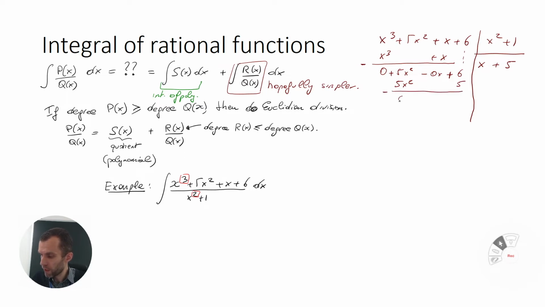Now I subtract, I get 0, 0 times x, and then plus 1. So from this, what I basically get is that my quotient s of x is x plus 5, and my remainder r of x is just 1.